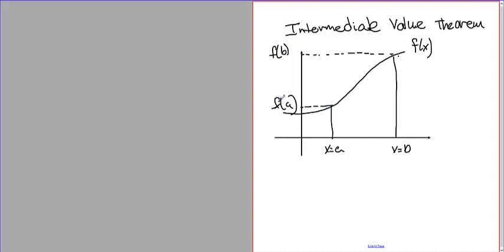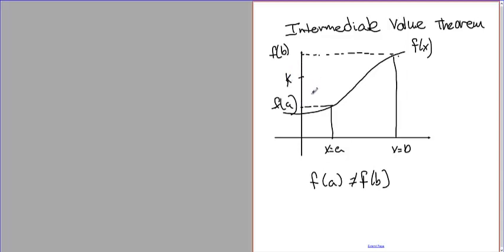So f of a is not equal to f of b. Obviously, a is not equal to b because they're different points on the graph. But f of a is not equal to f of b. So what you have is you can pick any value between f of a and f of b. We'll call that k.